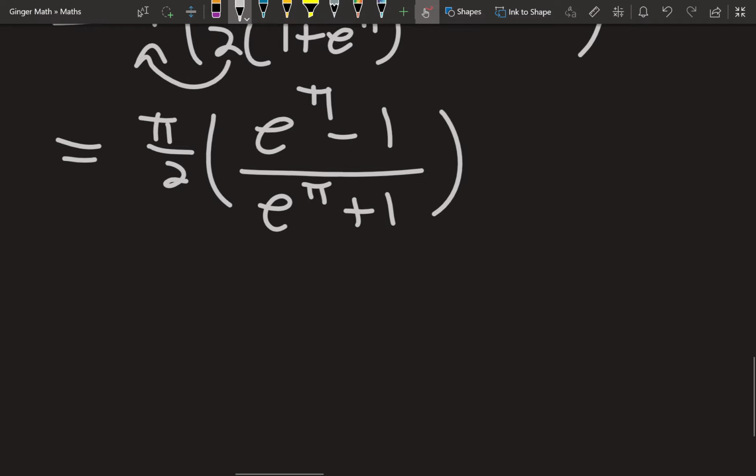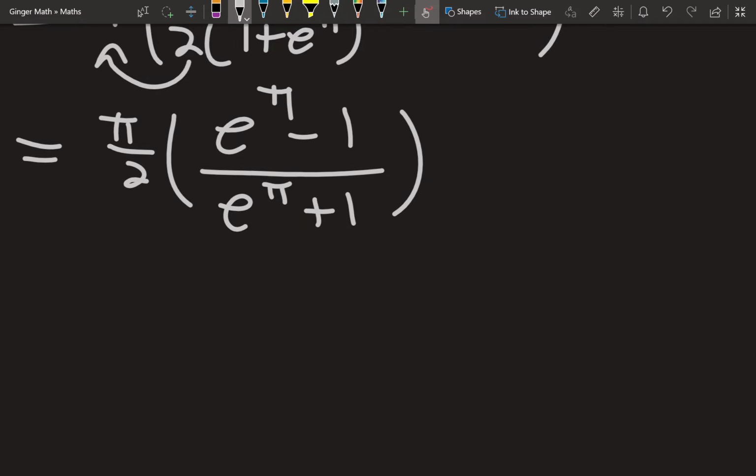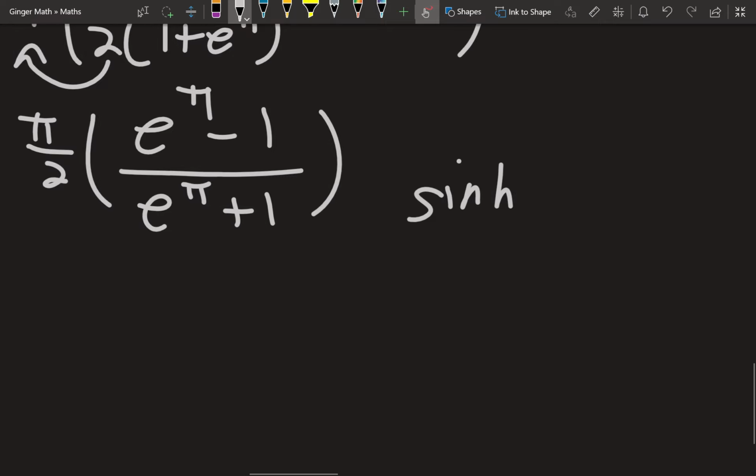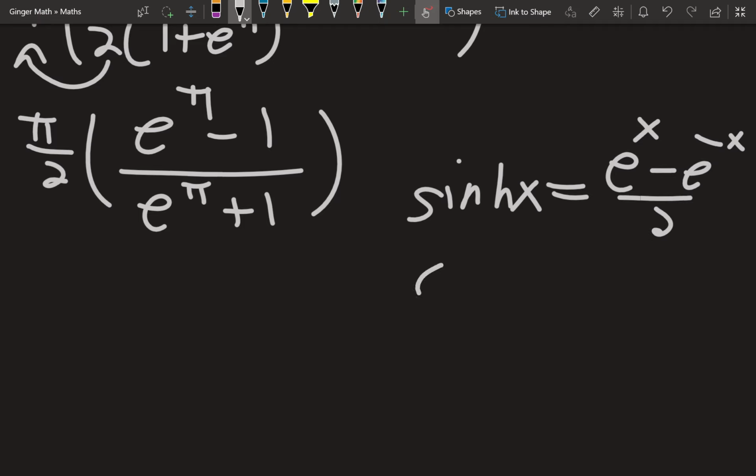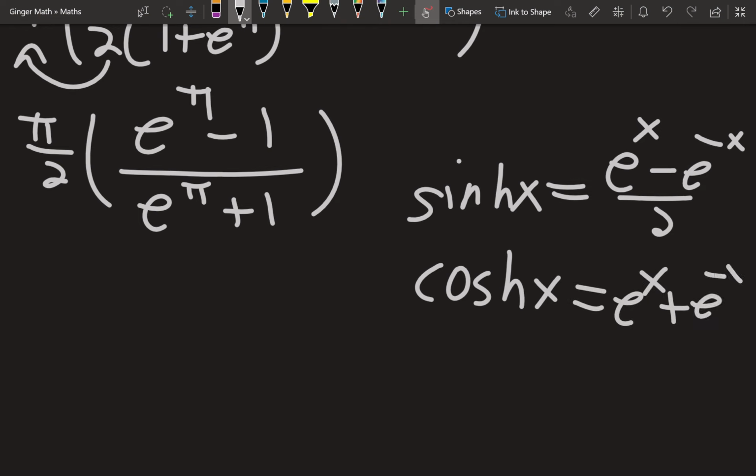But actually, this is a pretty nice function right here, because if we think of hyperbolic sine and hyperbolic cosine, so we know that hyperbolic sine, I know I've already written this, but let's do it one more time, was e to the x minus e to the minus x over 2. Hyperbolic cosine, on the other hand, is the same thing, but with a plus.